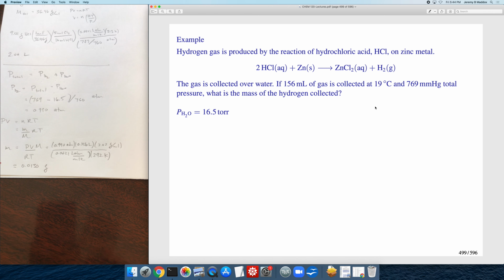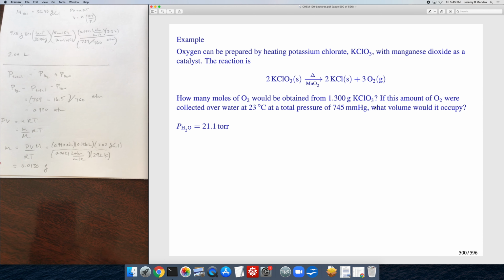So in this problem where we've collected some gas over water, we have to take into account that there's water vapor in the mixture before we can calculate the amount of product that we have. Here's another problem like that, but in this one it's a little bit different.